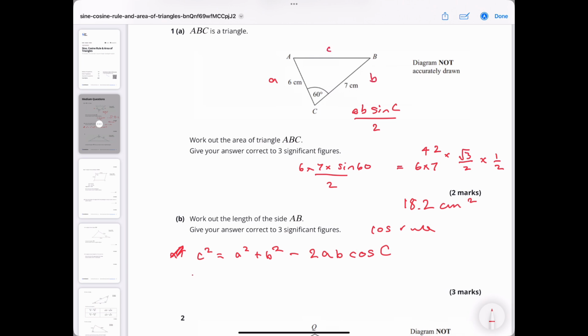So if we mark that up, that means c squared equals 6 squared plus 7 squared minus 2 times 6 times 7 times cos C, and in this case cos 60 equals half, so that's times half. So we can get rid of a couple of things.